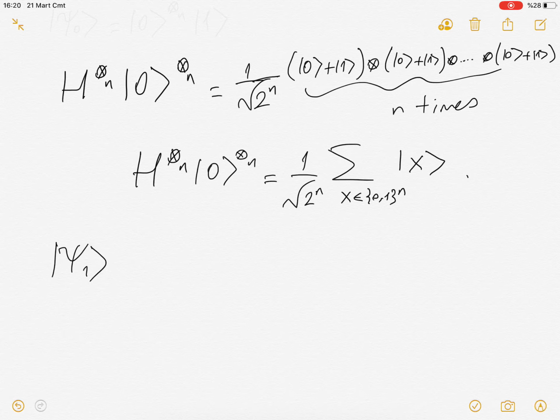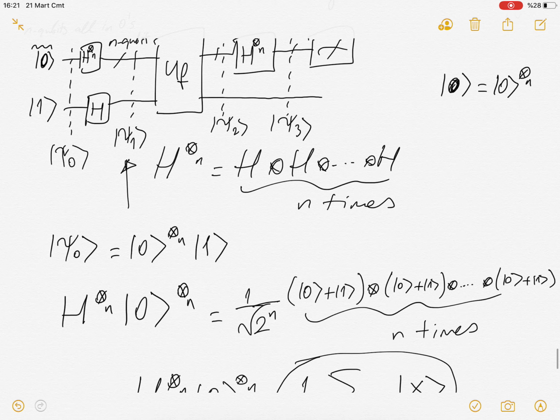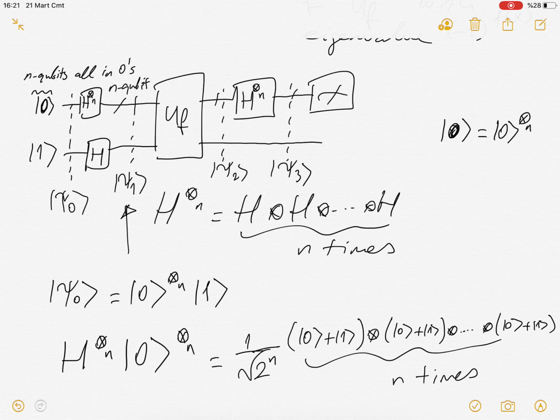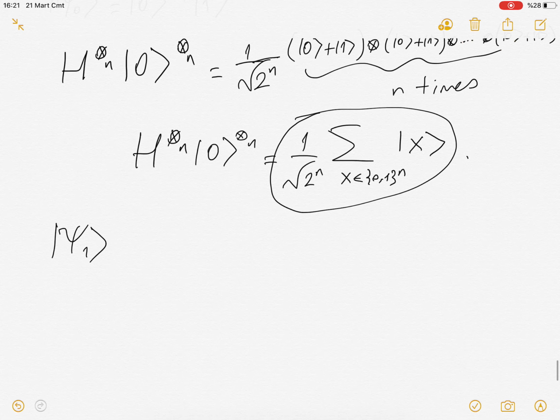Now we know the state of the first register, which is this superposition. But then we have also a Hadamard on the 1 here. So the target qubit is in a superposition as well.